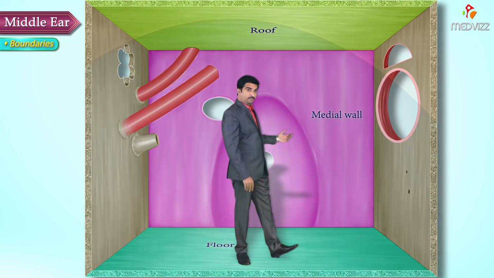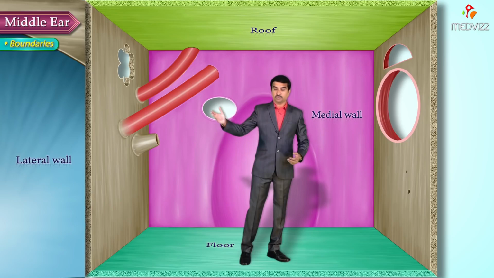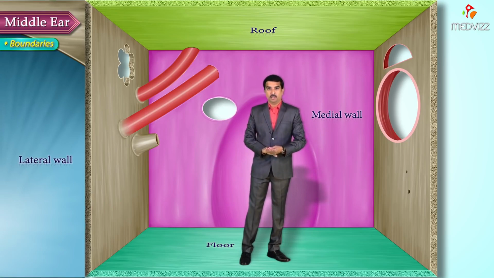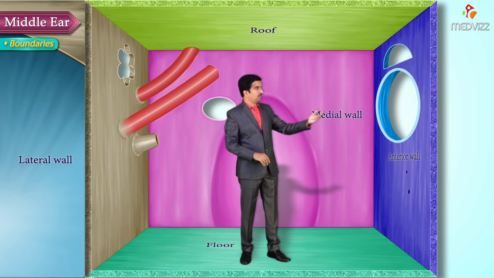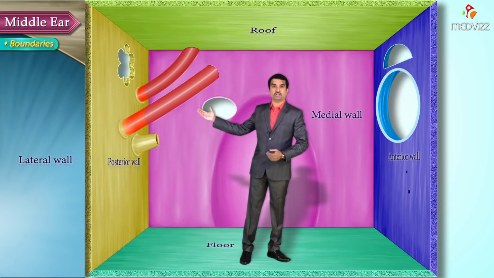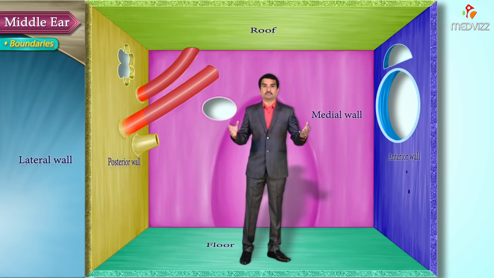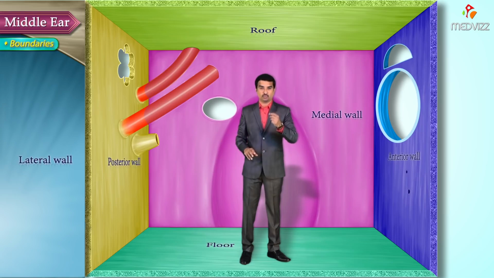This is the medial wall, and the lateral wall is open, which is formed by the tympanic membrane, and it also has the anterior wall and the posterior wall. So like this, the middle ear totally has six walls. Now we have to discuss what structures are formed when we talk about these boundaries of the middle ear.